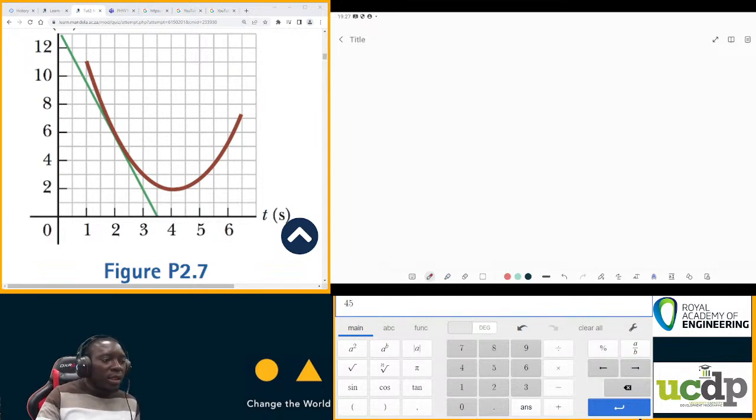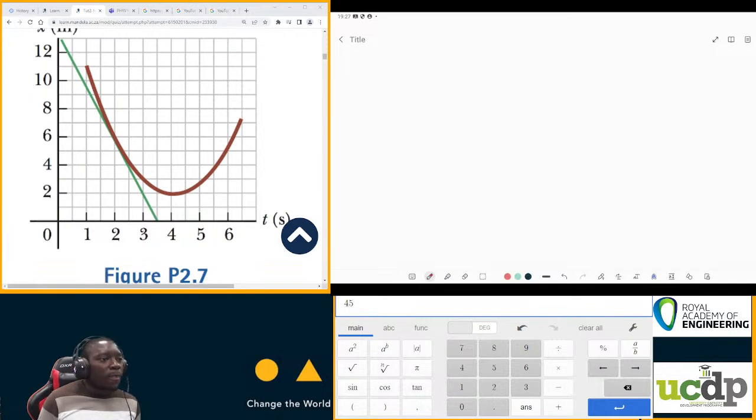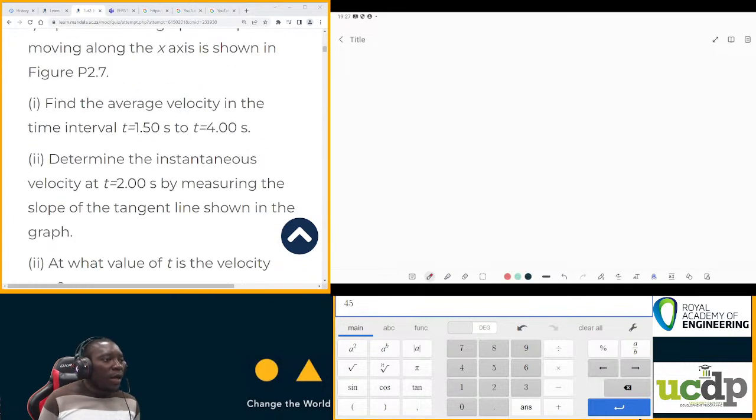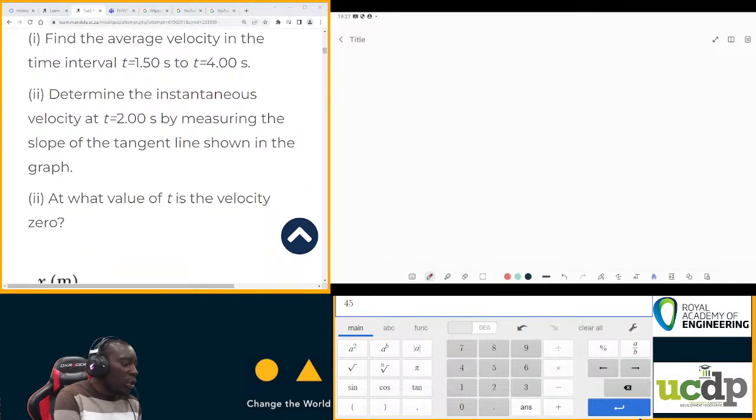So find the average velocity, we'll call it v average, and it will be equal to x final minus x initial over delta t.